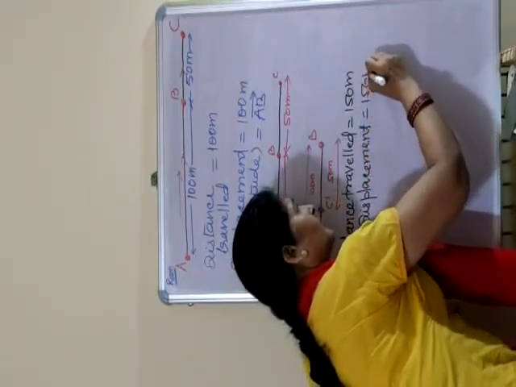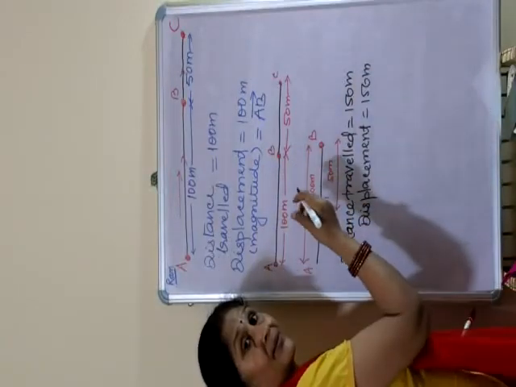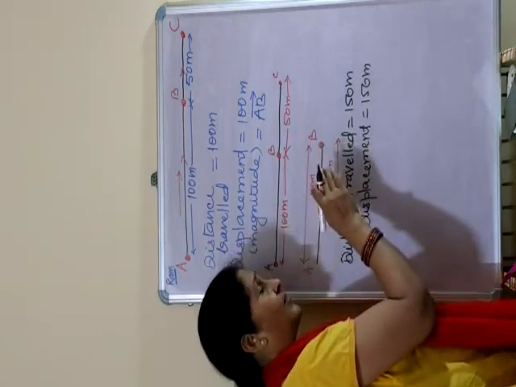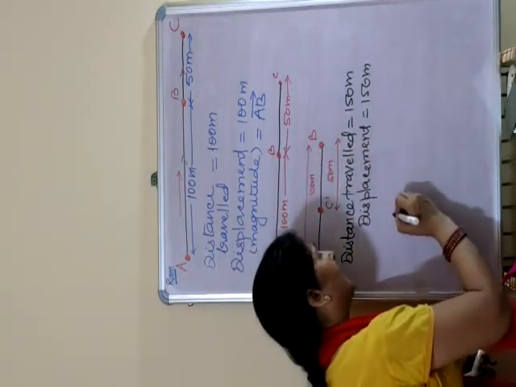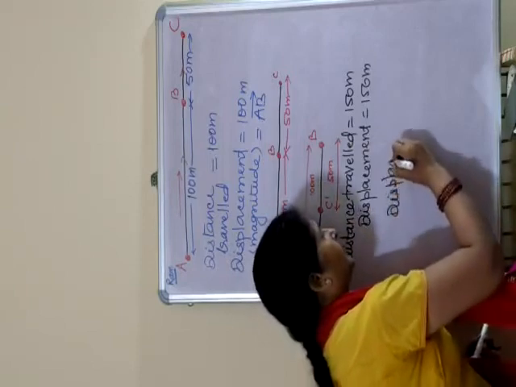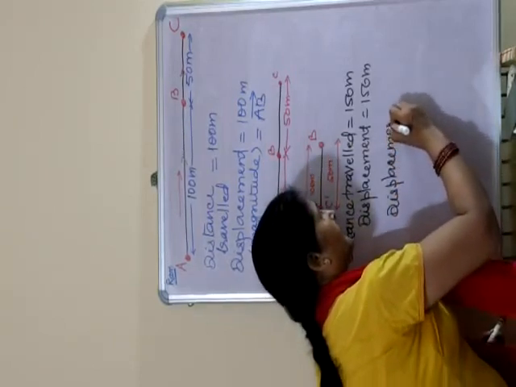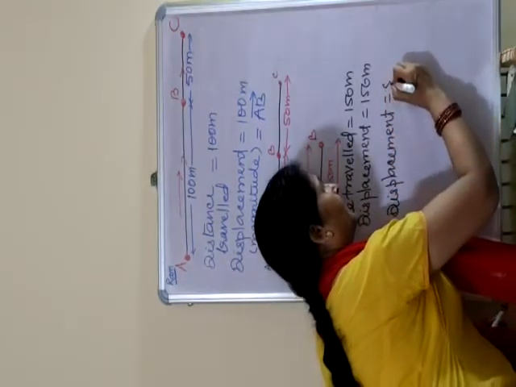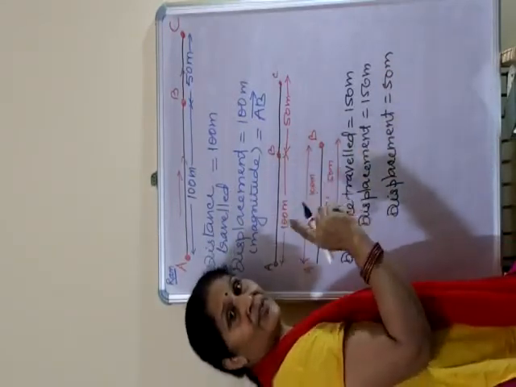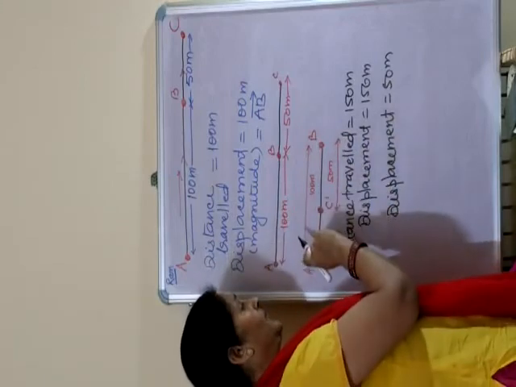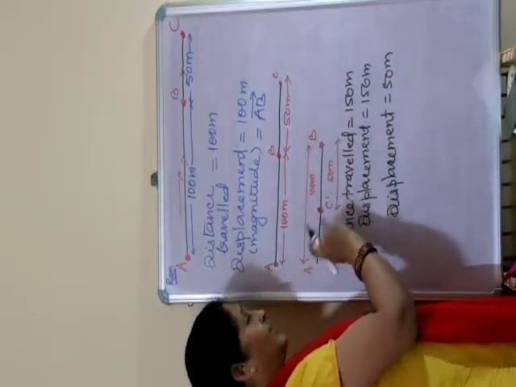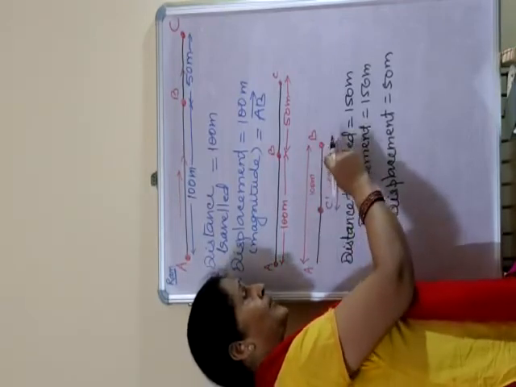But here, when he turned back, when he changed his direction, then the displacement is 50 meters, although the distance traveled is the same, 150 meters, because he travels from A to B and B to C dash. This is 100 plus 50.